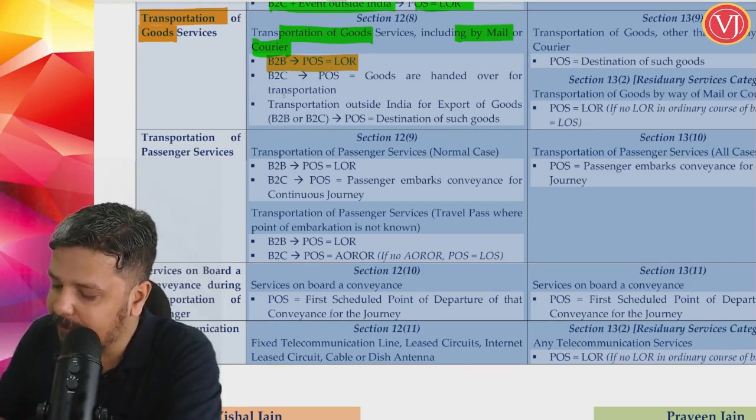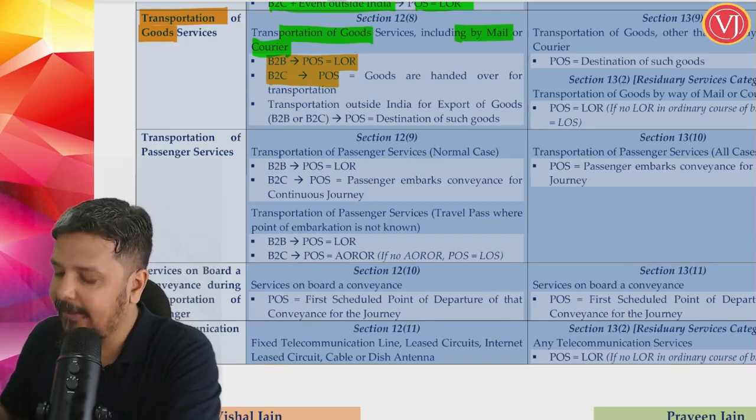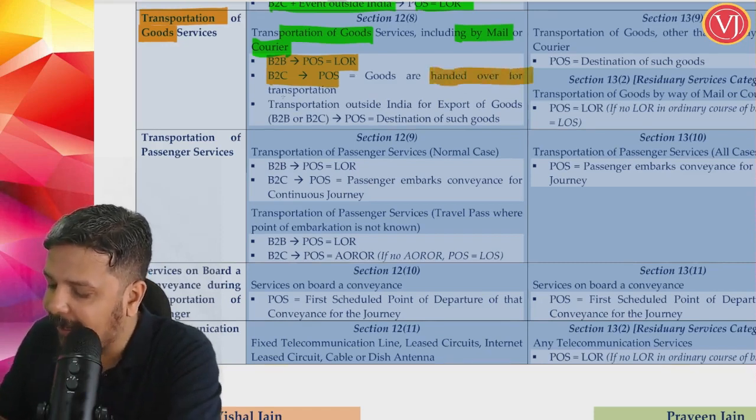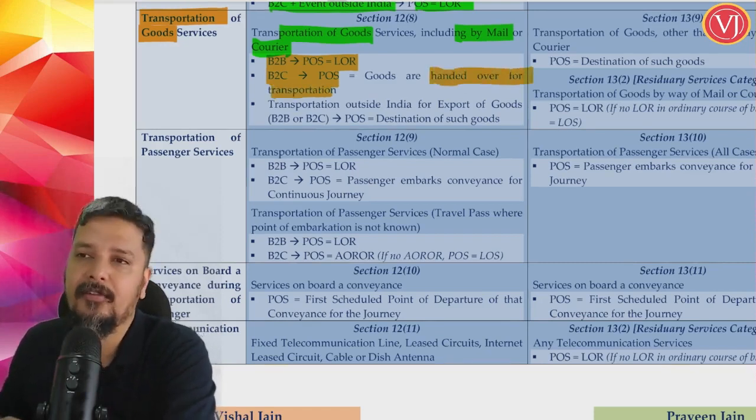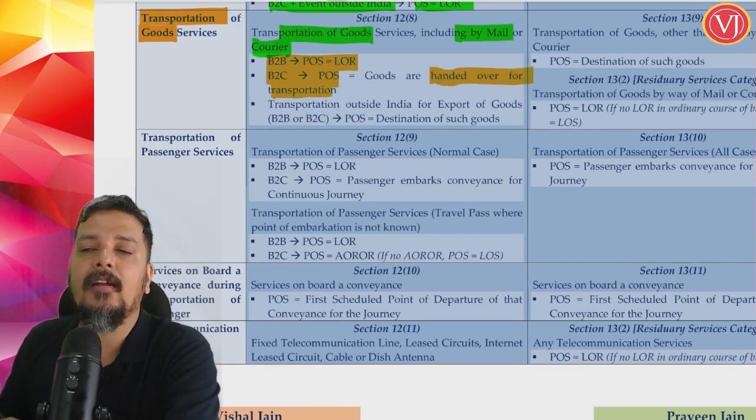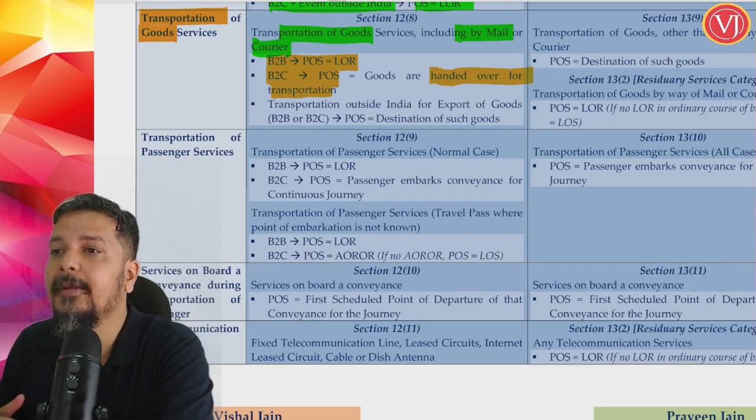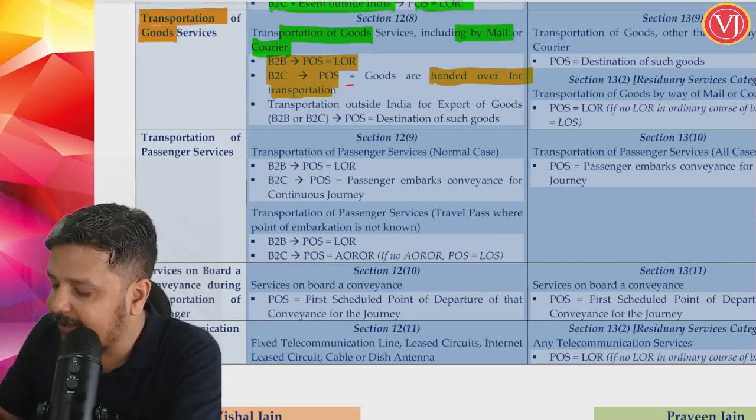If it is B2C, place of supply is where the goods are handed over for transportation, which means you can understand this as origin of goods.